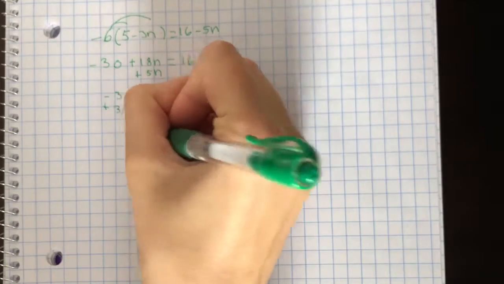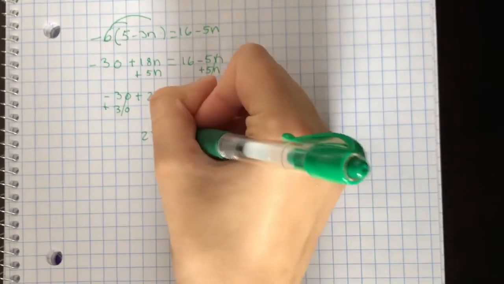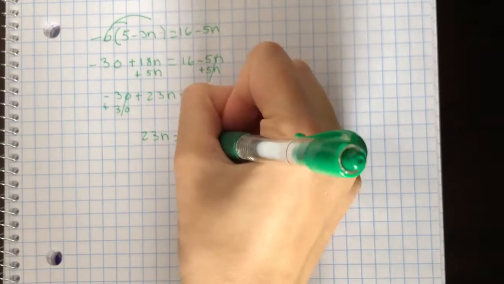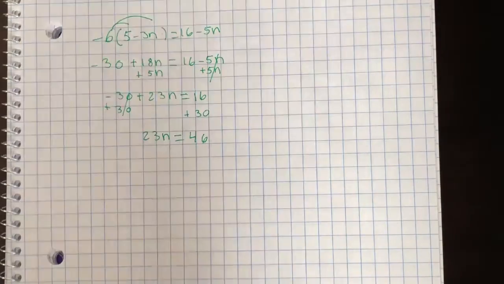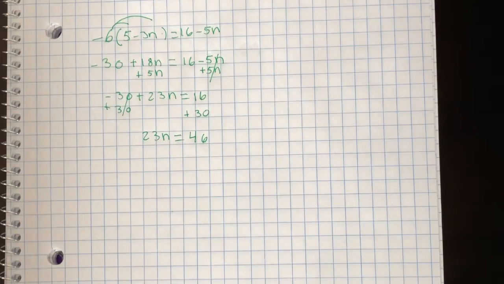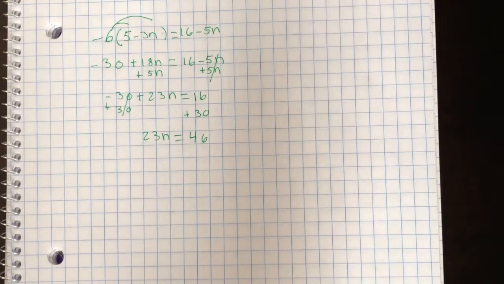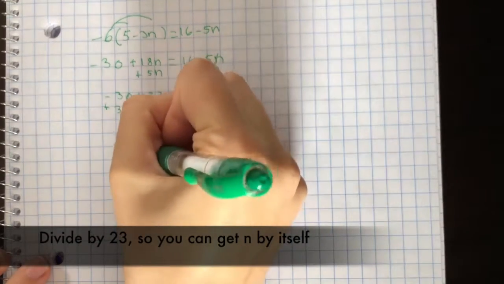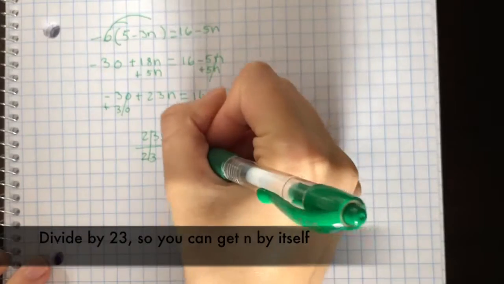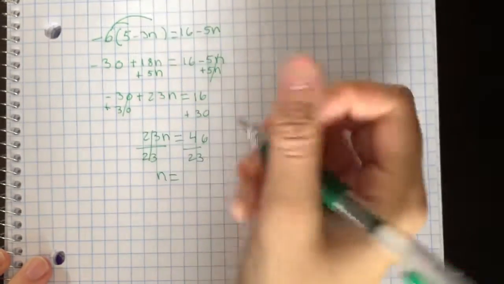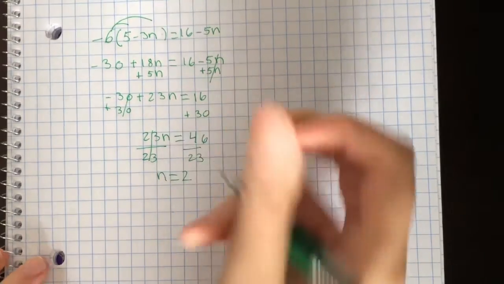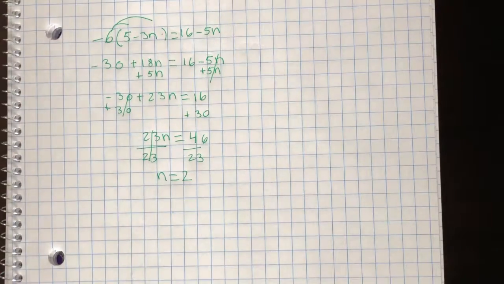We then have 23n equals 46. 16 plus 30 equals 46. And to get the variable by itself, we're going to divide by 23. And when we do that, n equals 2. 23 goes in twice in 46.